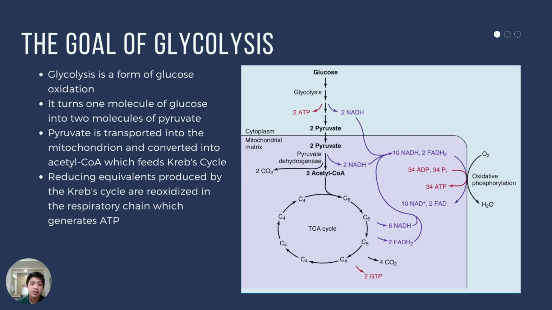Acetyl coenzyme A is then taken up by the Krebs cycle, which produces massive amounts of the reducing equivalents NADH and FADH2, and again produces substrate level phosphorylation GTP. These reducing equivalents all together are reoxidized in the electron transport chain, where oxygen takes up the electrons and is converted to water, but at the same time, ATP is produced.